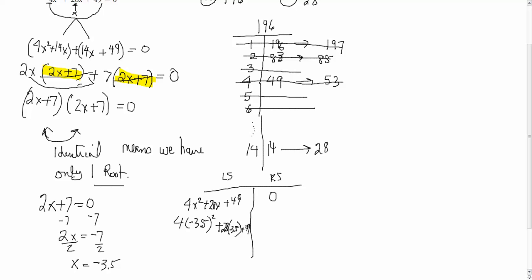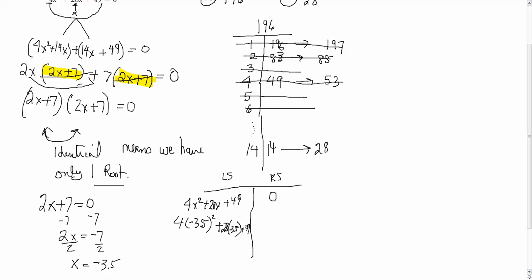We pull out our calculator, 4 times, and remember, when we square a negative, we want to make sure that we put it inside the brackets. So we have negative 3.5 inside the brackets, all squared, plus 28 times negative 3.5 plus 49.